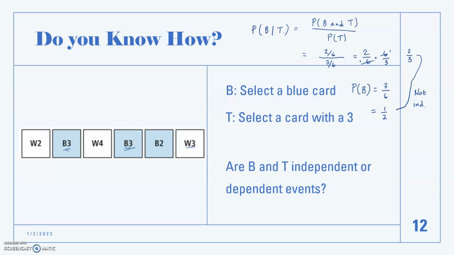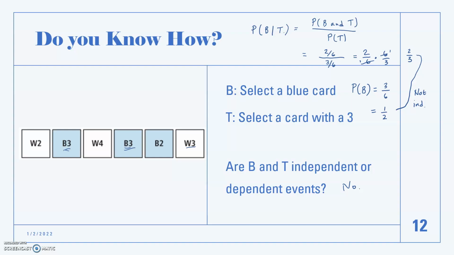The probability of blue, given that you chose a 3, is much higher, 2/3, than it would be of just choosing a blue card. So the answer is no. I could have checked the other way, 3 given blue, and I would have gotten an answer of no either way. All right. That is conditional probability with the conditional probability formula.